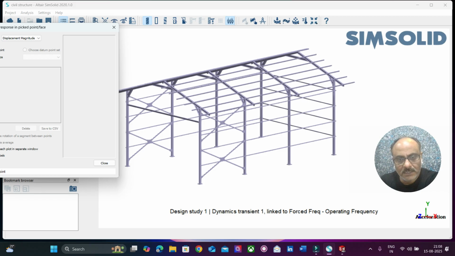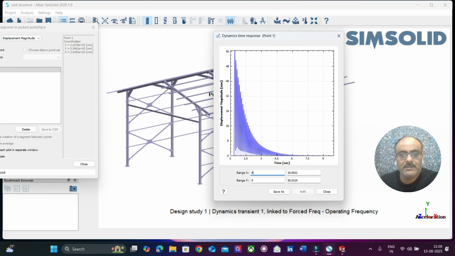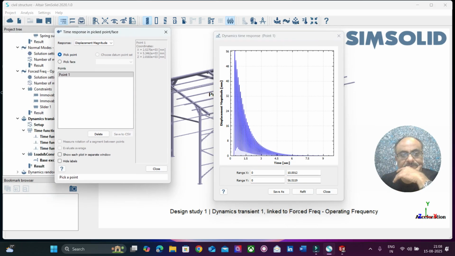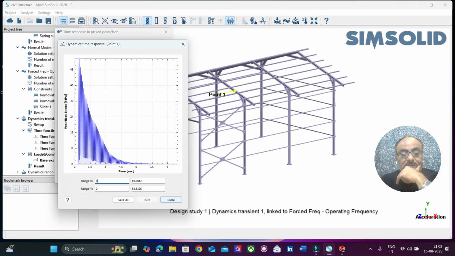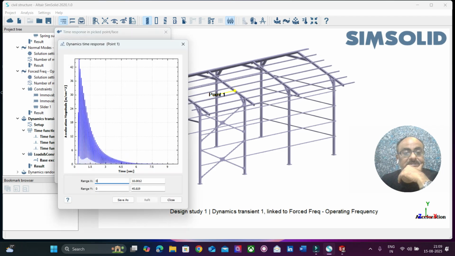Now let's see what is the deformation on the top. So we will find that this is the response. So the deformation response, and let's see what is the stress value. So this is how the stress values are, and then let's see how the acceleration is.